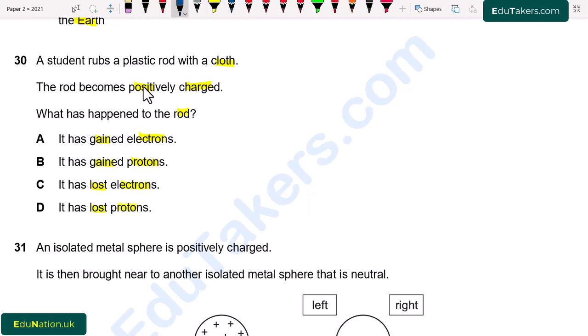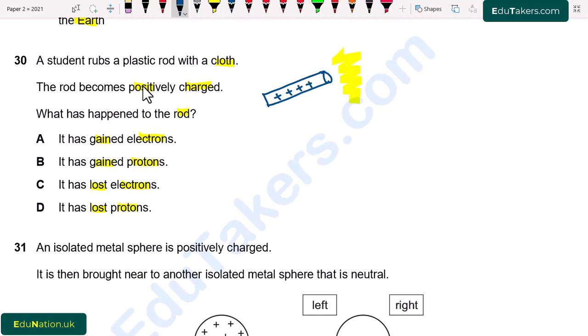So first of all, a student rubs a plastic rod with the cloth. I suppose here is the plastic rod, and here is any cloth like that. When the student rubs a plastic rod with the cloth, the rod becomes positively charged. What does this mean?